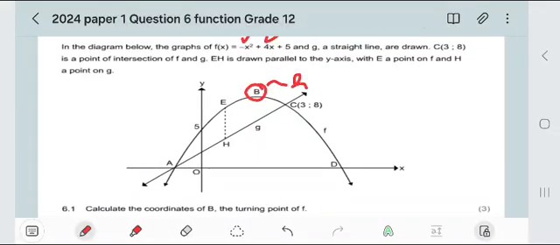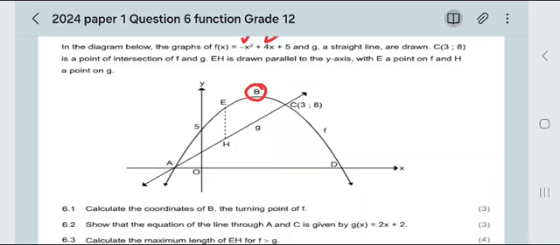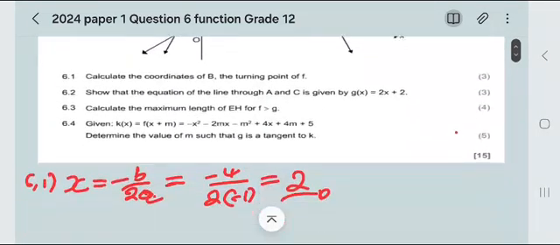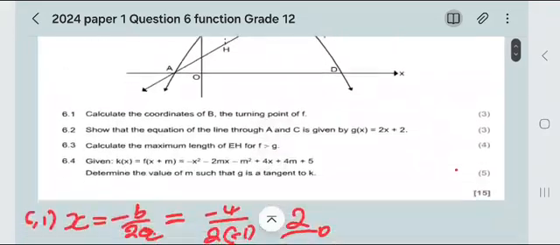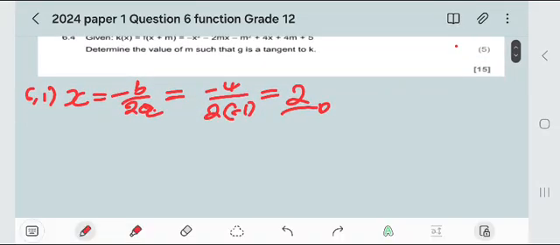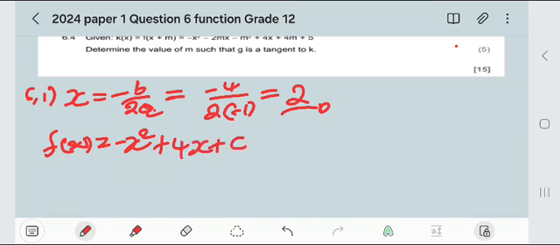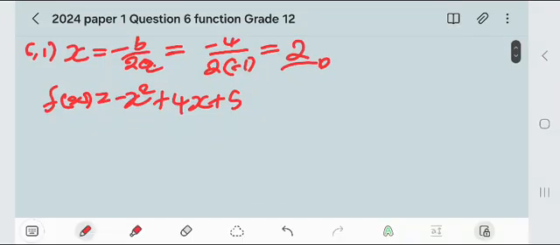It is 2, but we want the value of y again, for the coordinates. So we'll substitute this into the original formula. We know that f of x is equal to minus x squared plus 4x plus 5, then substitute 2 there.